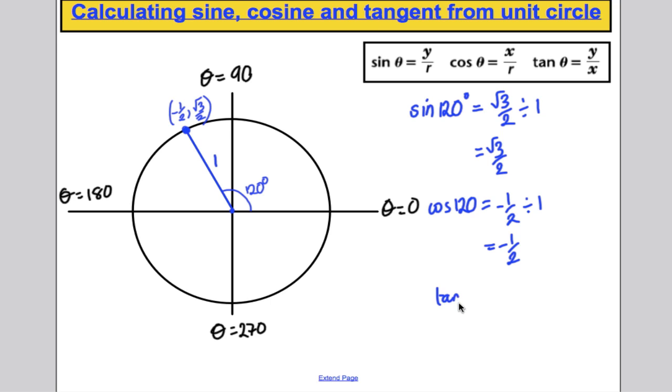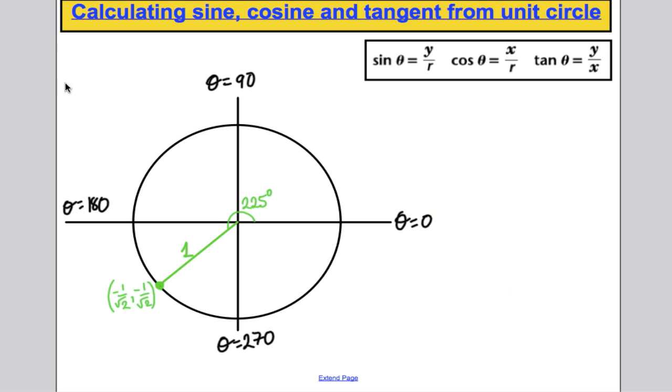And tan of 120 degrees is going to be the y number divided by the x number, which is root 3 over 2 divided by minus a half. And for that, you would get negative root 3. And so in this case, you have been able to work out sine of an obtuse angle, cos of an obtuse angle, and tan of an obtuse angle using these formulae.